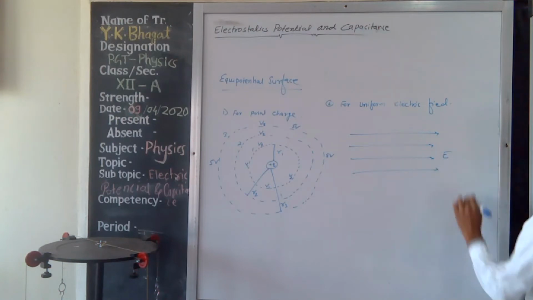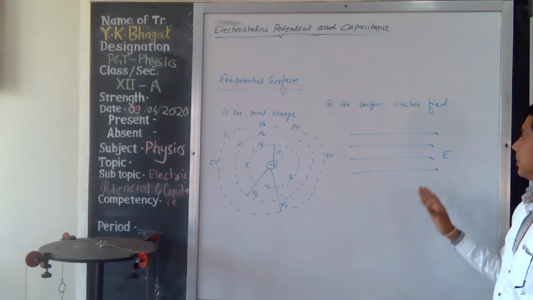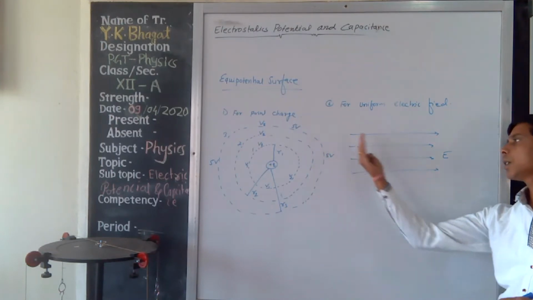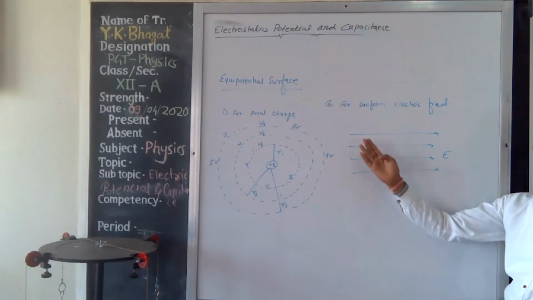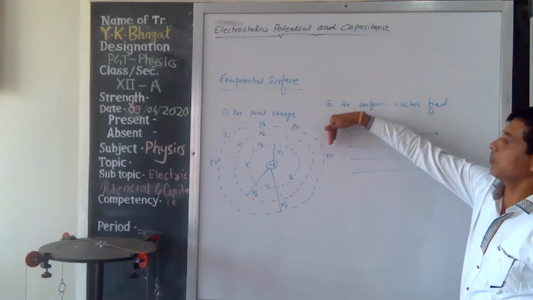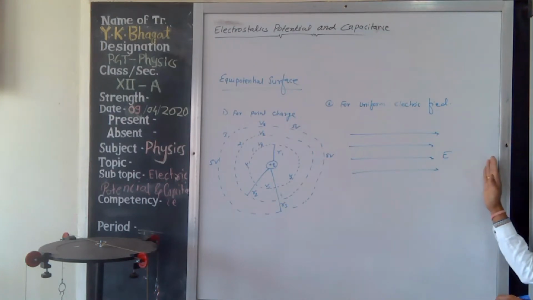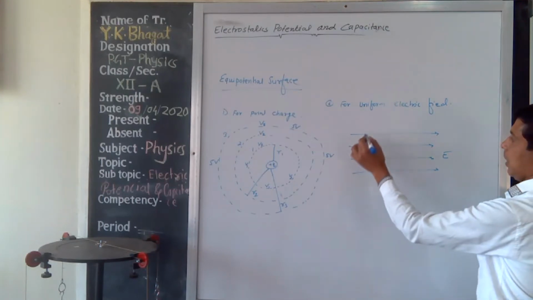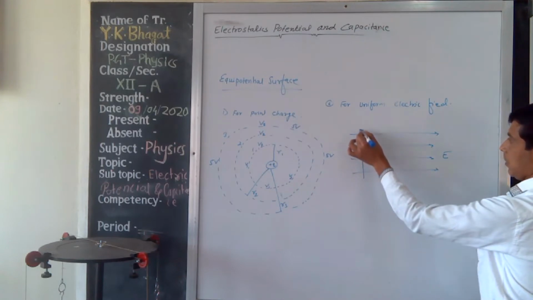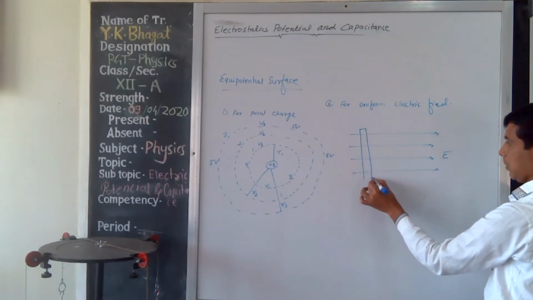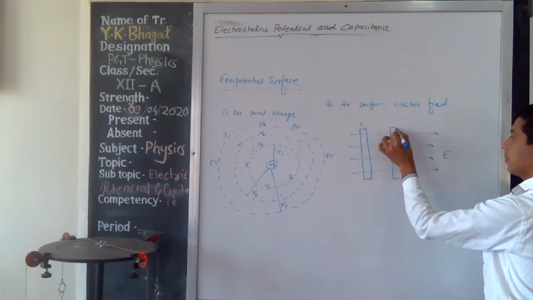Therefore, intensity is directed from this side to this side, which means in this direction positive charge will be present, and here negative charge will be present. Suppose at that position here is surface 1 and this is surface 2.